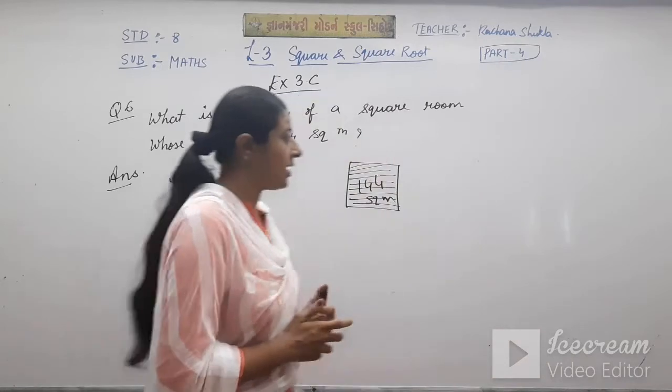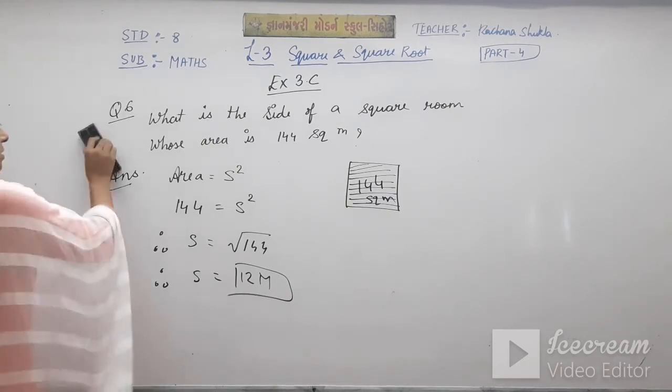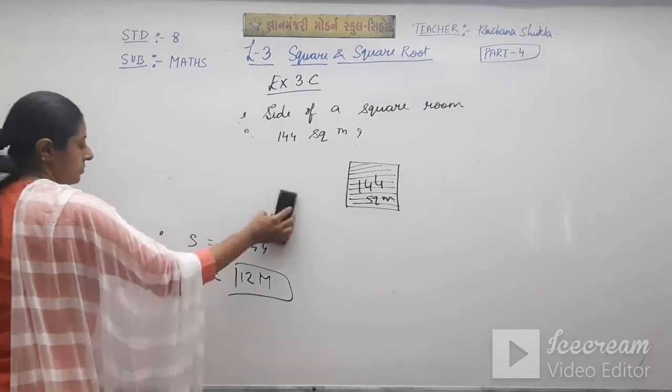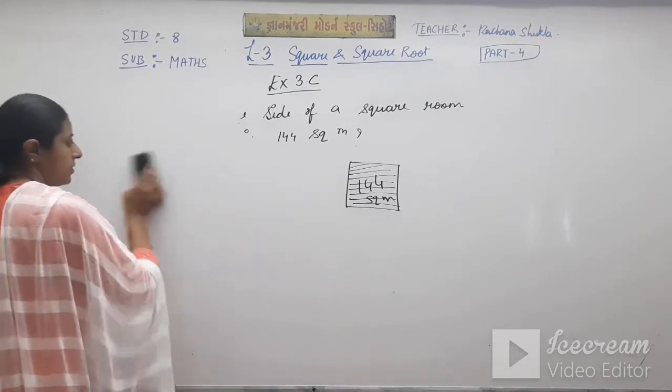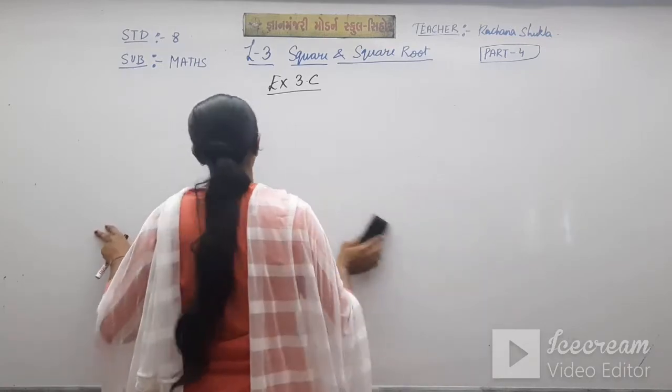Now solving the next sum, that is question number 7. You have to write down the sums in your fair book, exercise 3C.